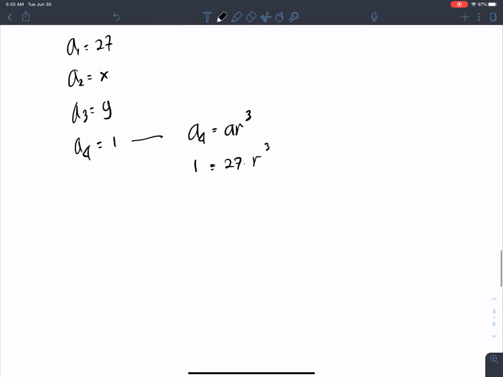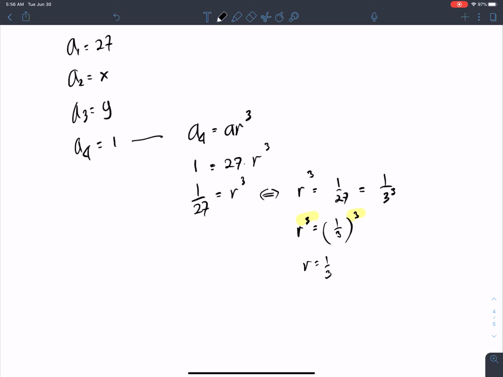If we do cross multiplication, r cubed equals 1 over 27. 27 is 3 to the power of 3, so it is the same as 1 over 3 cubed. Now we can tell that our r is 1 over 3.